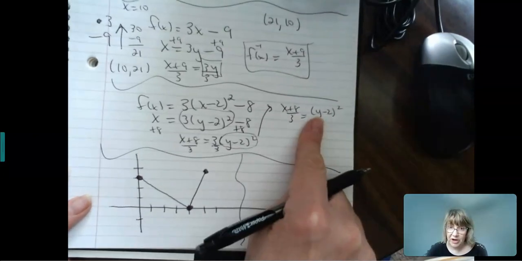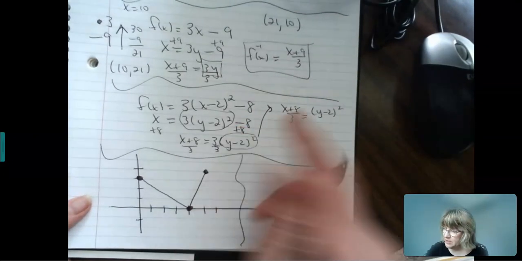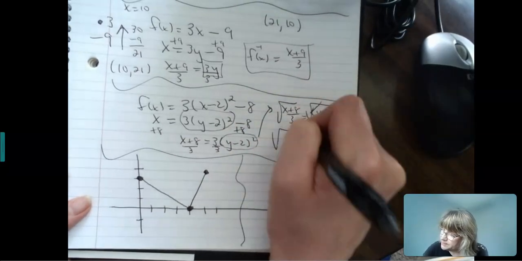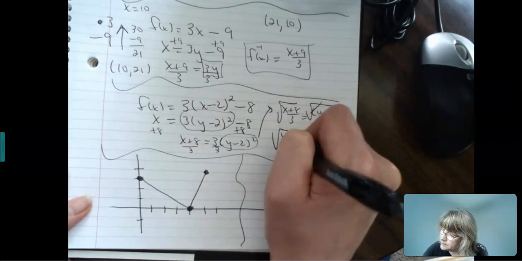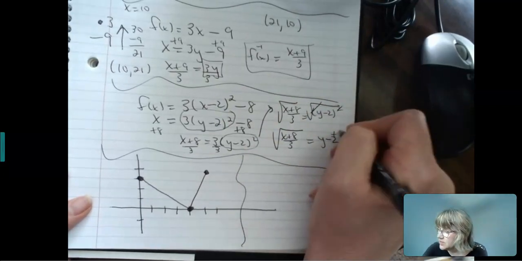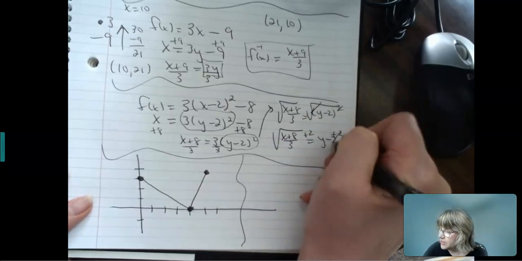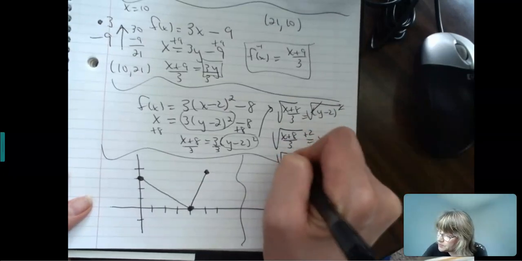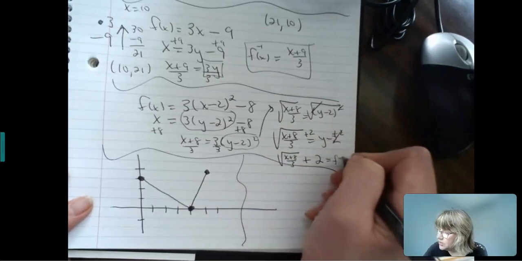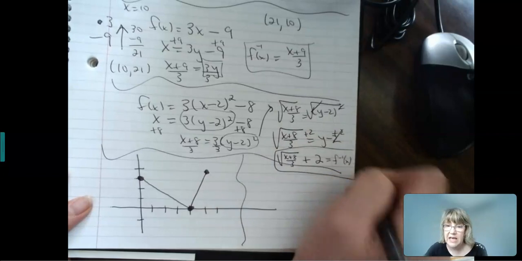All right, this is a squaring function. To get rid of a squaring function, I need to square root. And again, isolate with an inverse is the name of the game. To get rid of subtracting 2, add 2. Now notice that's going to be outside of that other function. So you're going to get the square root of x plus 8 divided by 3, plus 2, and I'm going to call all of this f inverse of x.